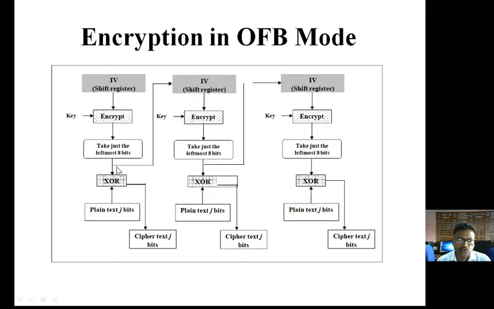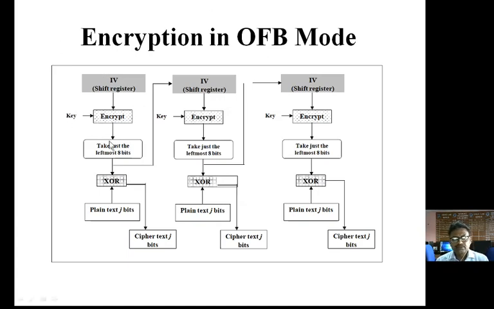But in OFB mode, this leftmost 8 bits is fed in. So the ciphertext is free, and if there is any error in any ciphertext, it is not going to propagate. This value is fed into the IV register, it is shifted left and 8 bits are included so that you get a new IV value. Again it is encrypted by the key, taking the leftmost bits, again XORed with the plain text to get the ciphertext, and so on. So this is how encryption in the OFB mode works.